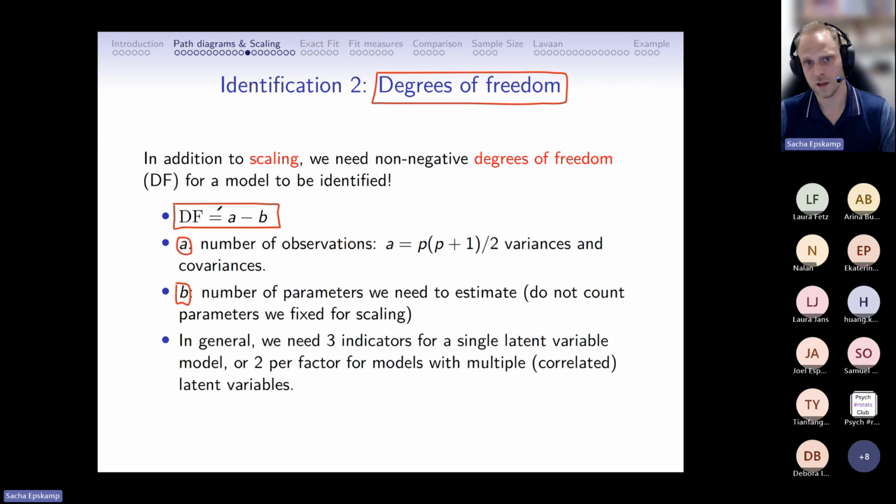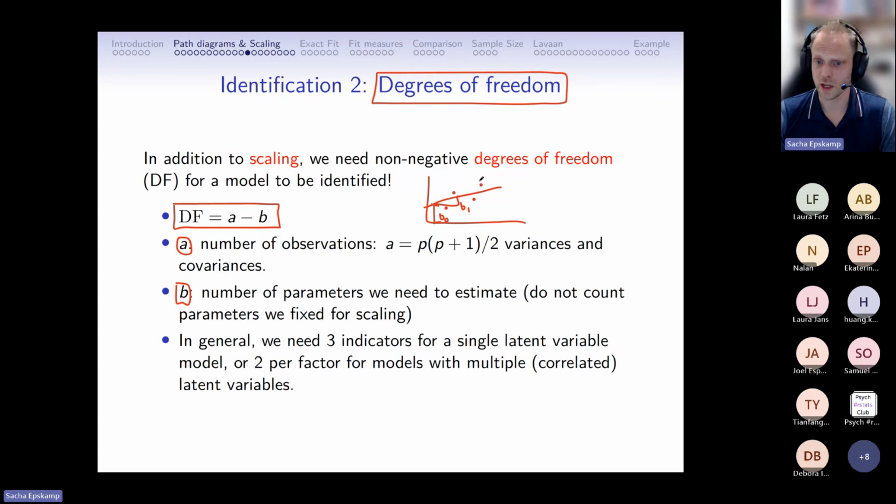That's the main idea. Now you might have seen this in a regression model where we have, let's say, 1, 2, 3, 4 data points. We have a line. This line has 2 parameters, a b0 and a b1, the slope and the intercept. We have 4 data points and 2 parameters, so we get degrees of freedom of 2.